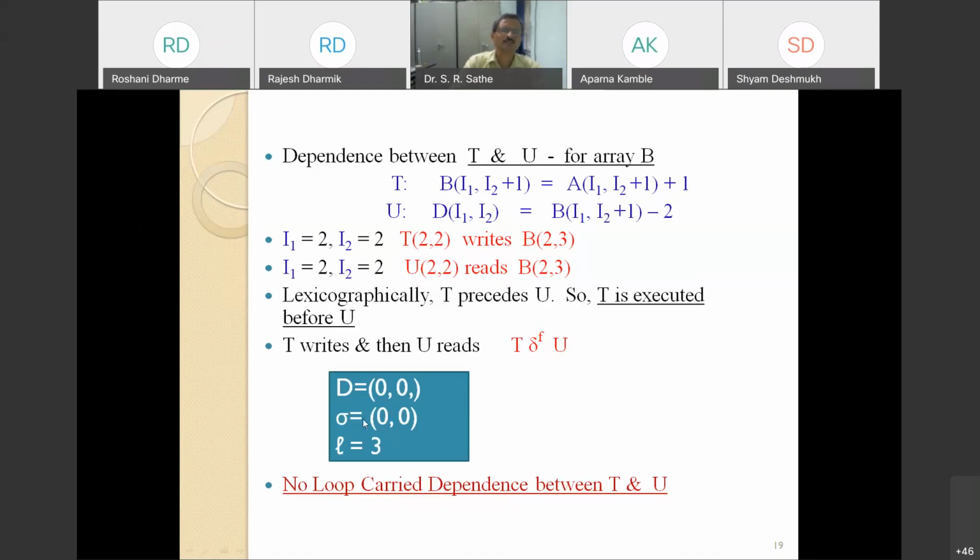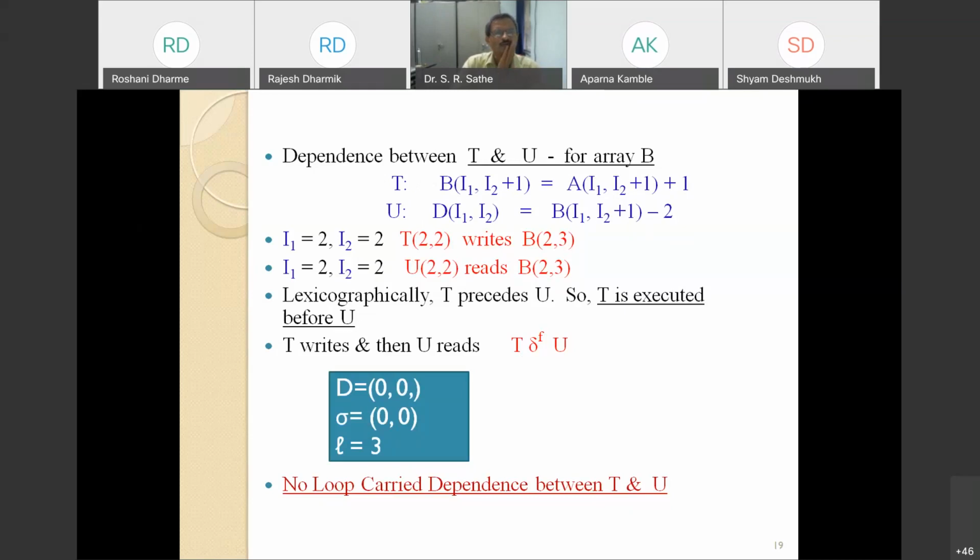The direction vector is 0, 0. So there is no dependence across loop iterations. But it is within the code. In the physical code, U is coming after T, physically written after T, and therefore U is flow dependent on this.